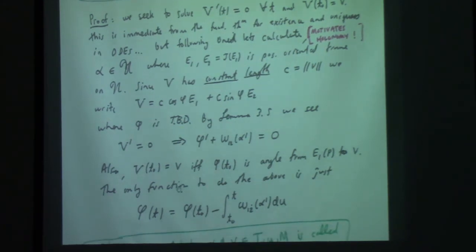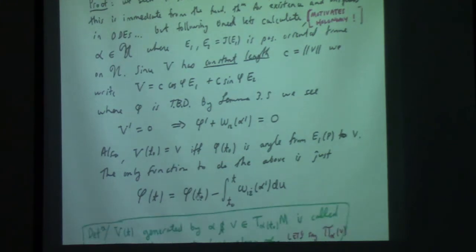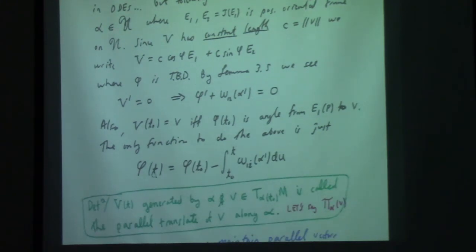Then I just integrate this equation. You can solve that for d phi dt equals minus omega 1 2 alpha prime. Integrate both sides and you get the formula down here: phi of t is equal to phi of t naught minus the integral from t naught to t of omega 1 2 alpha prime. du is a dummy variable of integration, right? Because we're using t to be a fixed but arbitrary time here.